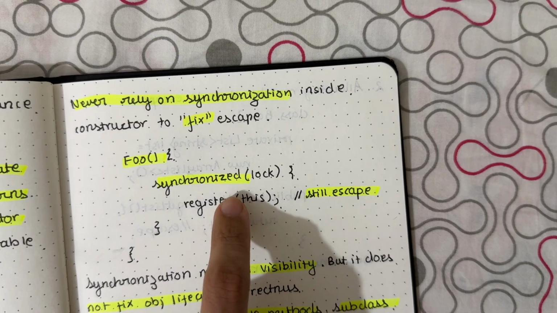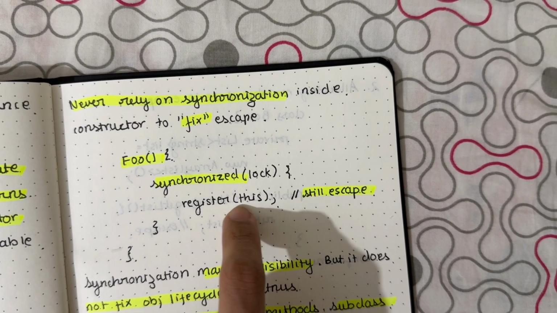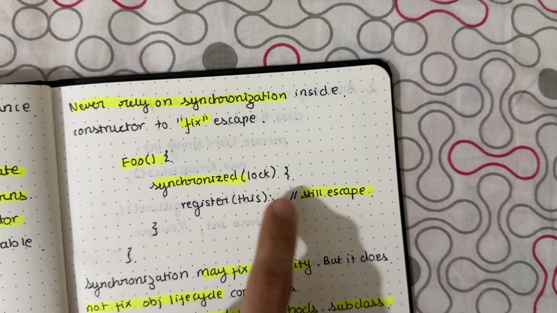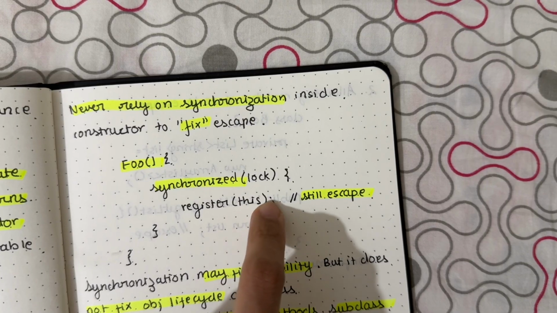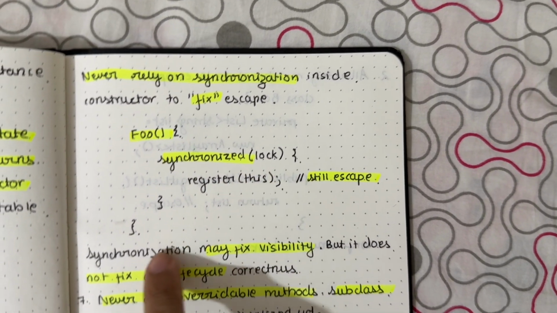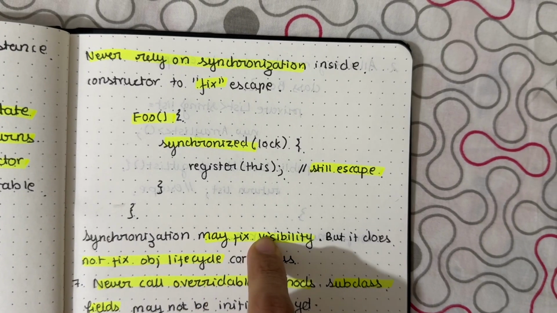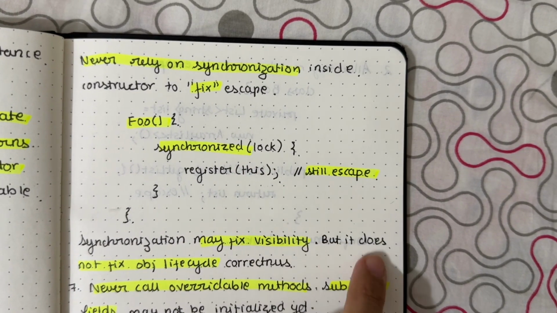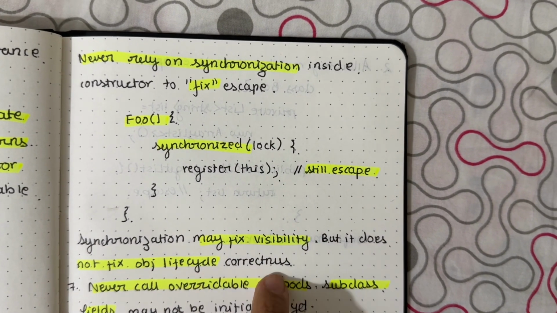But that won't mean that they will see a complete object at this point. They can see a partially complete object even if the visibility issue is fixed. So, synchronization may fix visibility here, but it does not fix object lifecycle correctness.